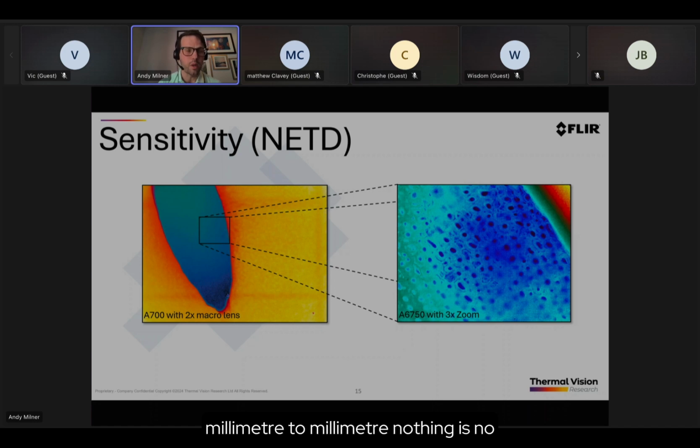Nothing is completely the same emissivity. It's going to change with its texture. So if something has texture, it's going to have difference. If you've got increased sensitivity, you can see that difference in texture. So on the right-hand side there, we can actually see, I guess it's cuticles on the leaves. I'm not a biologist at all, but you can see the substructure in the leaf, which is not visible with the A700.